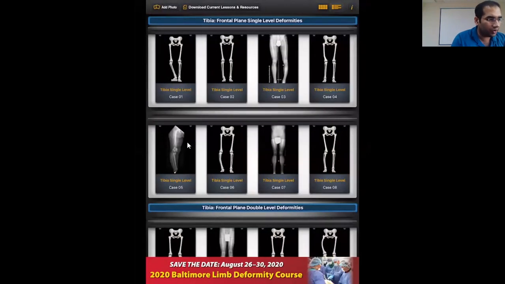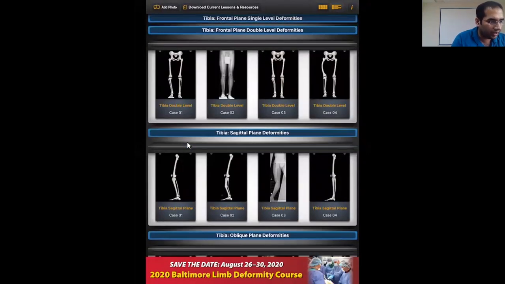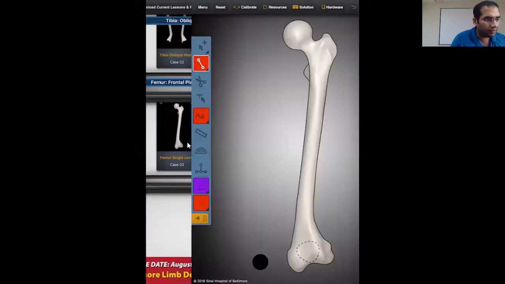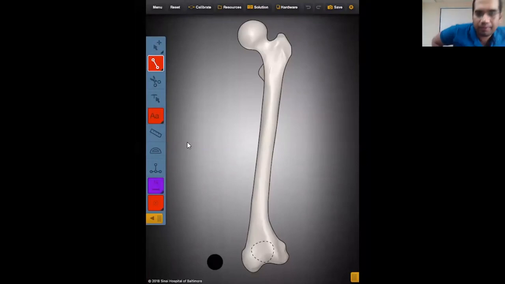So now I would like to show you a common scenario, a case of femur deformity. Most of the time you see an X-ray of a case of genu valgum. In this, there is a genu valgum and the deformity is in the distal femur. This is what you most commonly encounter.